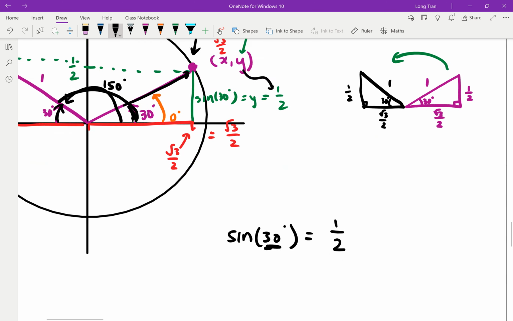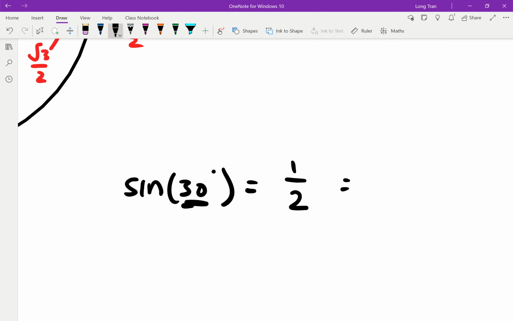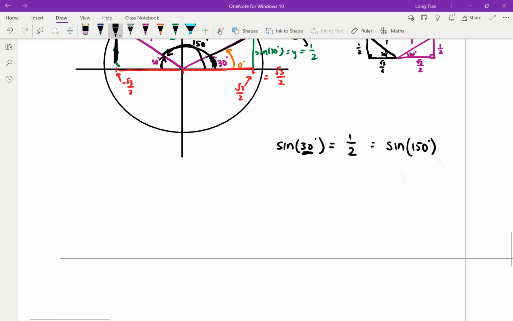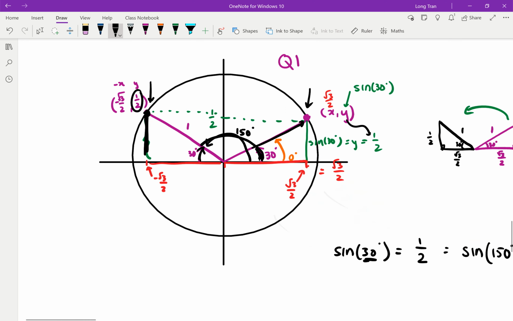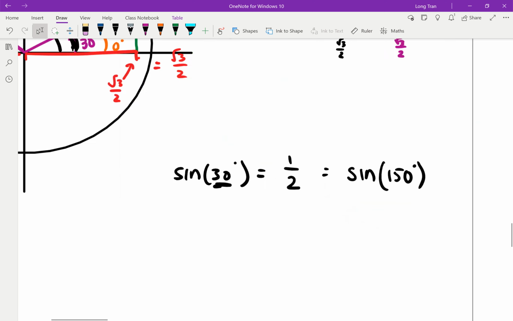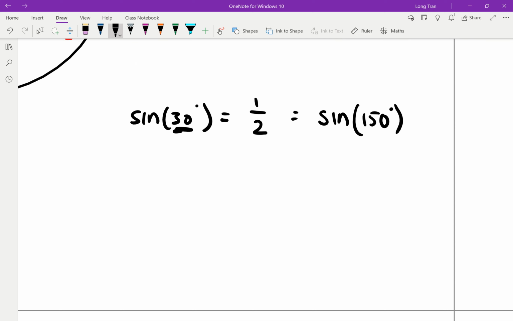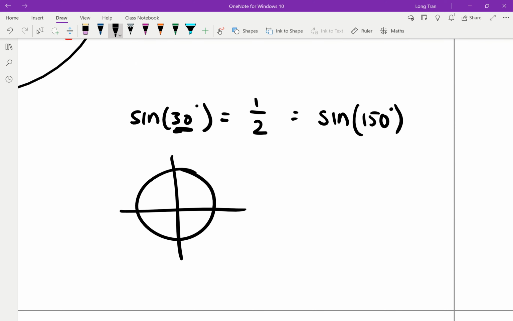So what I'm going to say is on the calculator, you should expect sine, remember that's the y value, when the angle's 150 degrees, it should be half as well, logically. So have a think about what I'm saying. I'm going to draw the diagram again just to help you understand. This says, when I draw an angle of 30 degrees, this height has a y value of half, or at least this coordinate is half.